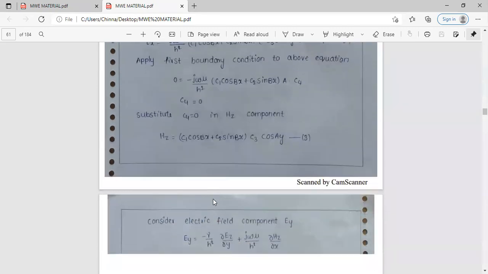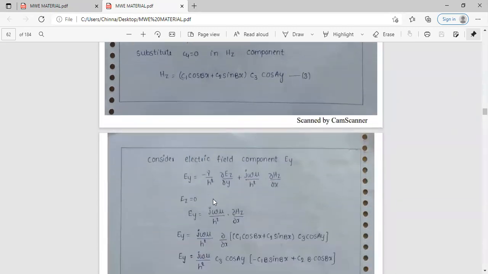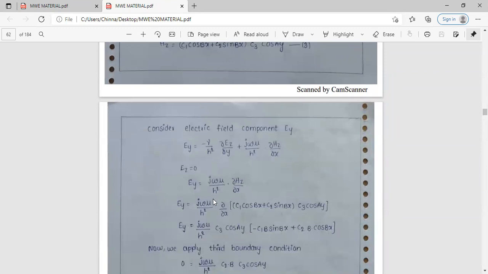Now consider the electric field component Ey. Then Ey is equal to minus gamma by h square dou Ez by dou y plus j omega mu by h square dou Hz by dou x. You can substitute Ez is equal to 0 in the above expression. We can obtain Ey is equal to j omega mu by h square into dou Hz by dou x. So that is the expression we can obtain.